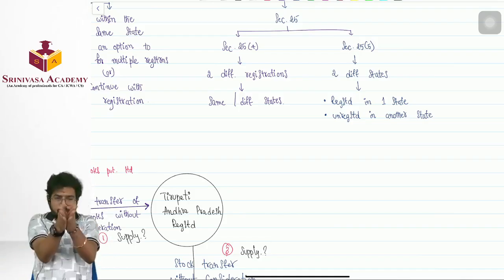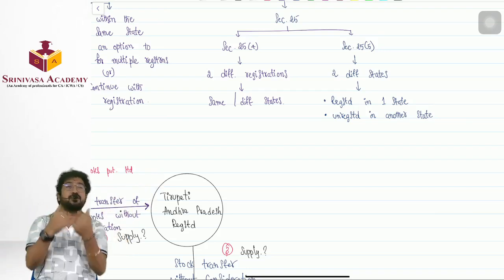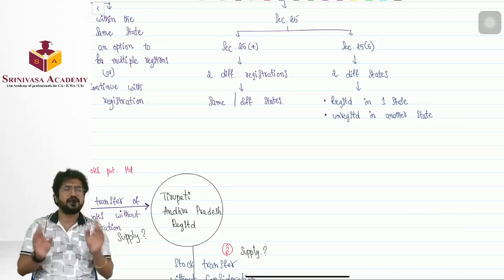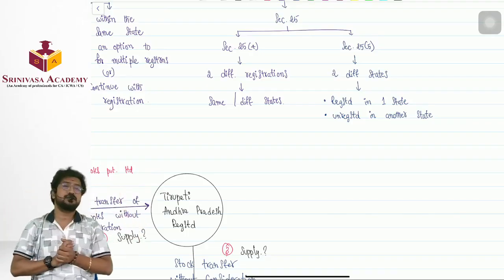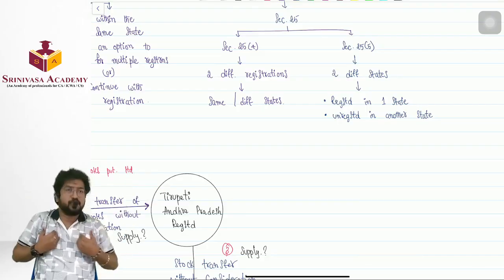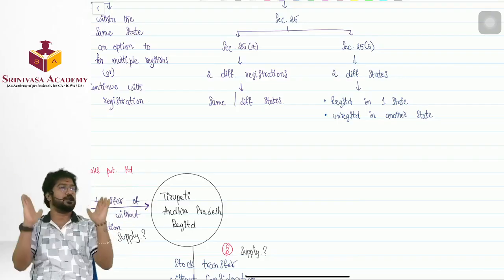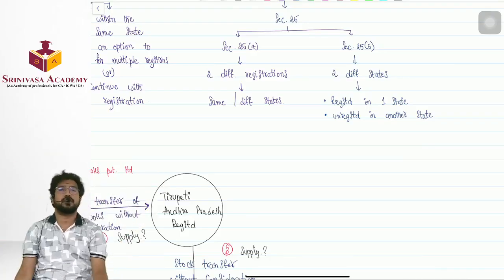Two different registrations are treated as two different persons, that's all. Even if they belong to the same firm, we still treat them as distinct persons. Clear? Subsection 5 says two different states, both states I am located in, one registered, another unregistered, and it is treated as belonging to two different persons. Am I clear?